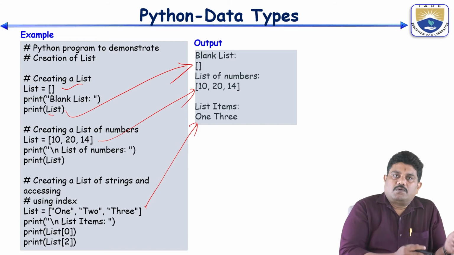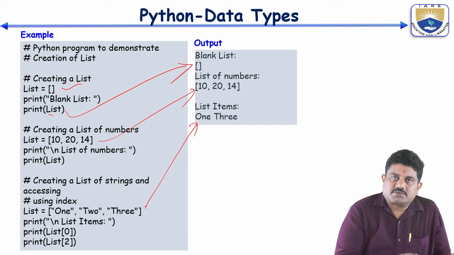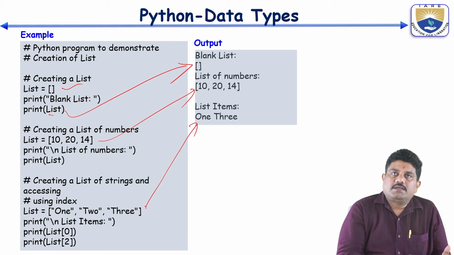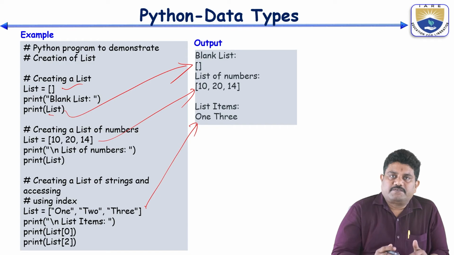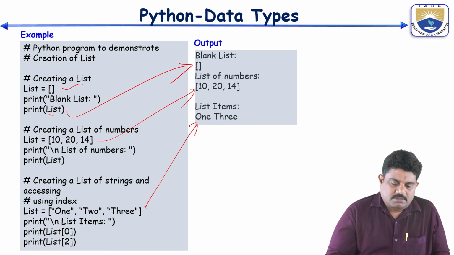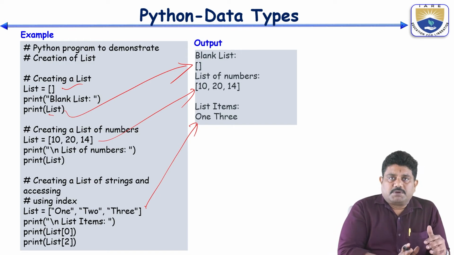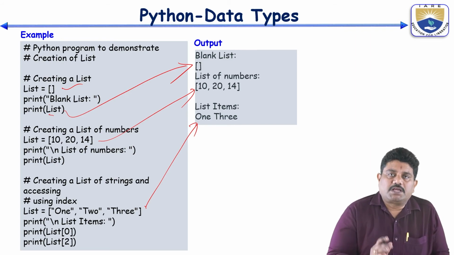Just like how we access the characters in strings by using an index value, similarly, even in lists, we can access each and every element of a list by using its index. Index is nothing but an integer value which represents the position of that element.